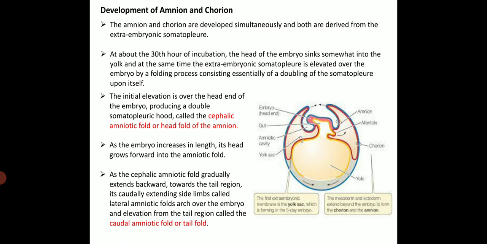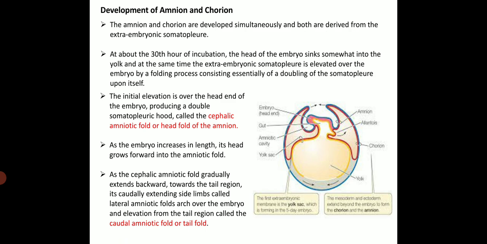At the same time, the extra-embryonic somatopleure is elevated above the embryo by a folding process consisting essentially of a doubling of the somatopleure upon itself. The initial elevation is over the head end of the embryo, which produces a double somatopleuric hood called the cephalic amniotic fold, or head fold of the amnion, or simply the head fold.